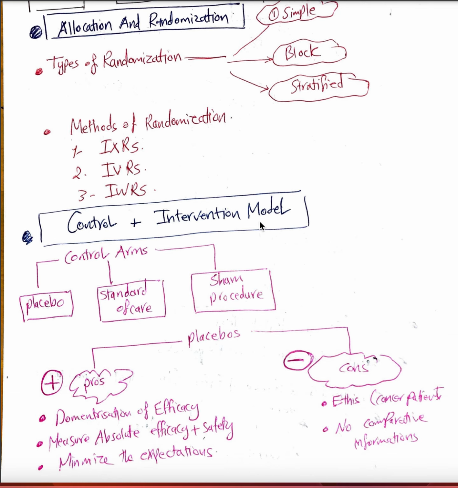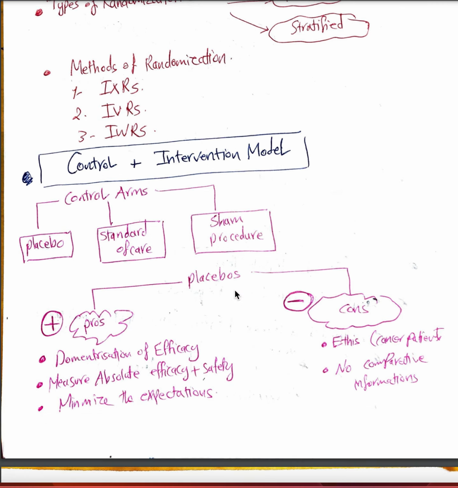So we start with the interventional model, and we can start with the control arms. The control can be a placebo, a standard of care, or a sham procedure. About the control, we give the participants a placebo, and in clinical trials we can call them subjects.